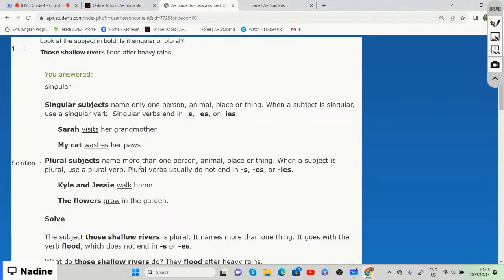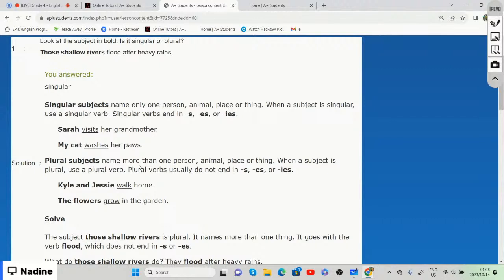A subject is where we are naming someone. So it is the name of only one person, one animal, one place, or one thing. So that is a singular subject.